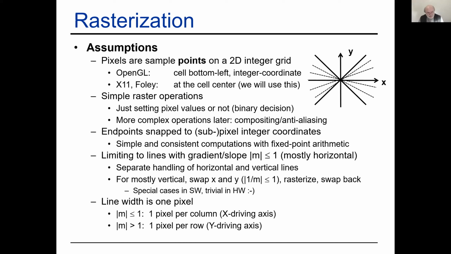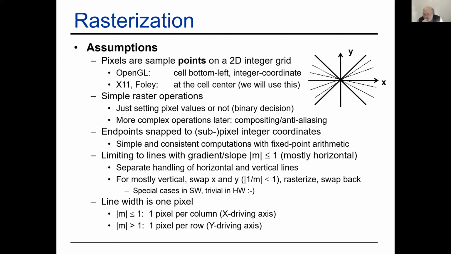Even if you do anti-aliasing, where you have samples within a pixel, they are simply on a finer grid, and so you can still do that by essentially zooming into a higher resolution screen. That just makes all of the computations more consistent and simple, because we're only dealing with fixed point arithmetic here.